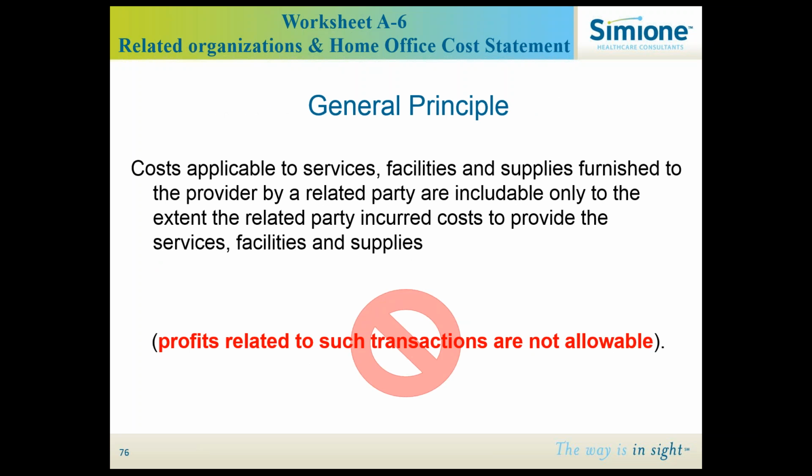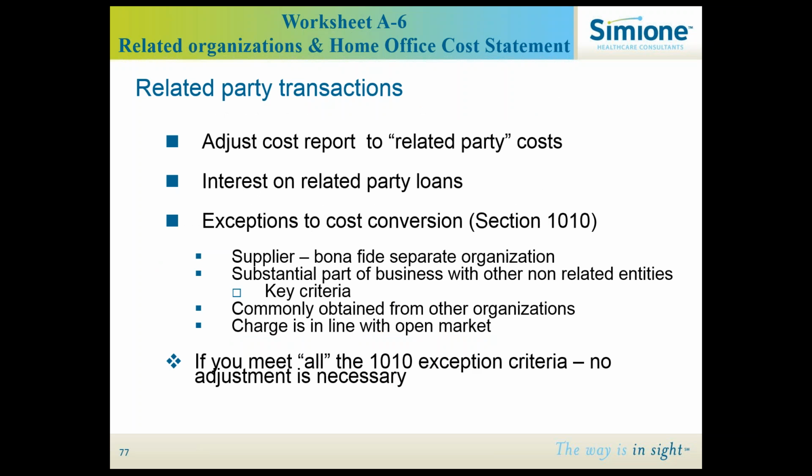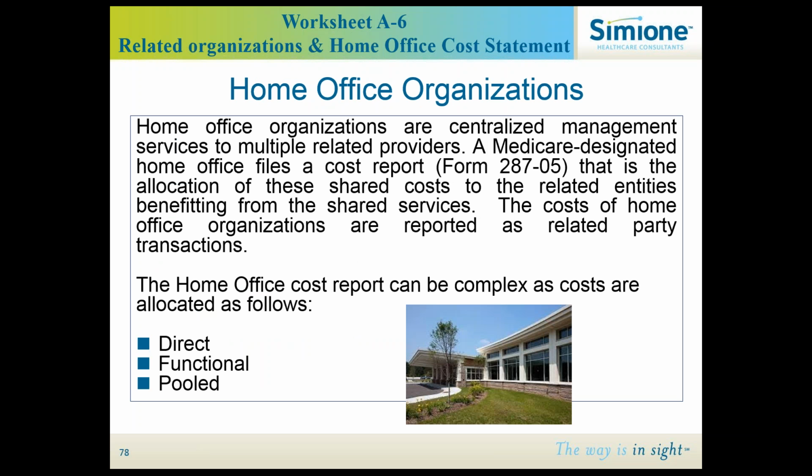The MAC and CMS will at least acknowledge you've disclosed it and made an effort, and then they can determine if they need to make an adjustment or discuss with you if an adjustment's needed. Because there's all the fine print on what you're supposed to be doing, and you may qualify for a 1010 exception. Again, anybody interested in that can contact me offline, email or phone call.